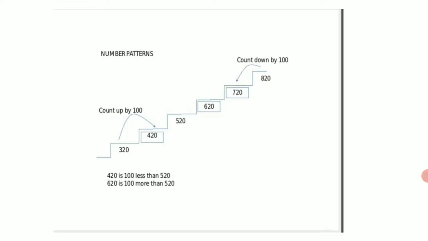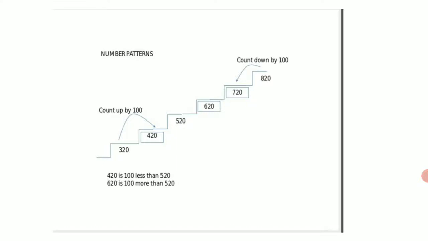Here we take the number as 320 and we are doing skip counting by 100. That means 320 plus 100 we do, it becomes 420. Then 420 plus 100, it is 520. Then the same way 520 plus 100, it is 620. 620 plus 100, 720. 720 plus 100, 820.